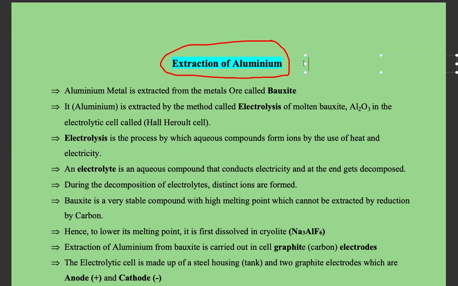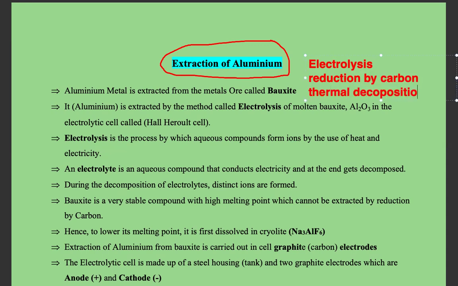We only have electrolysis, reduction by carbon, as well as thermal decomposition. Which one do we use to extract more reactive or reactive metals?